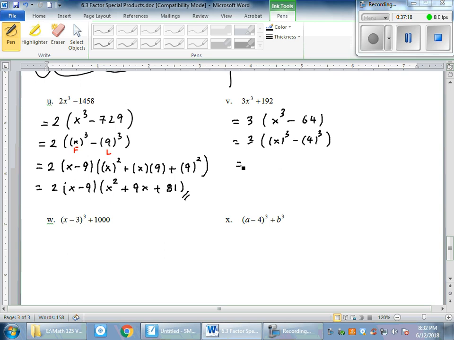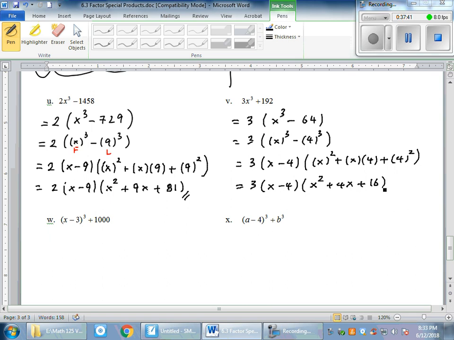So according to the formula, it will be 3 times first minus last, first square plus first times last plus last square. So finally, my answer is 3 times x minus 4, x squared plus 4x plus 16. That will be my final answer.